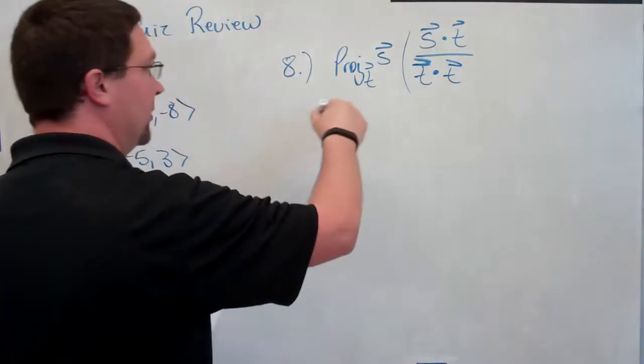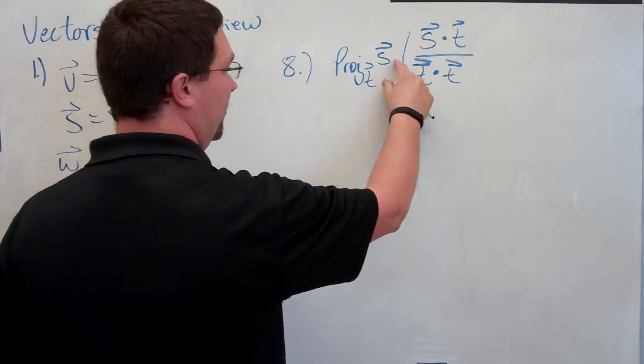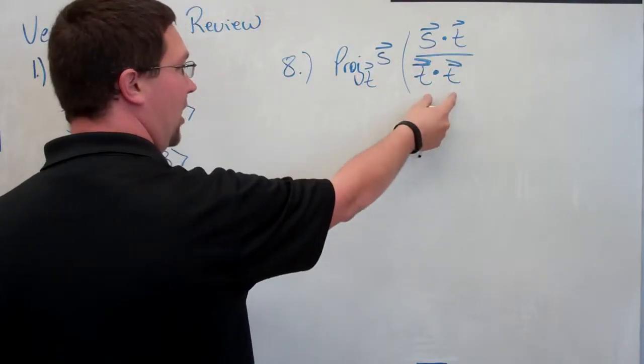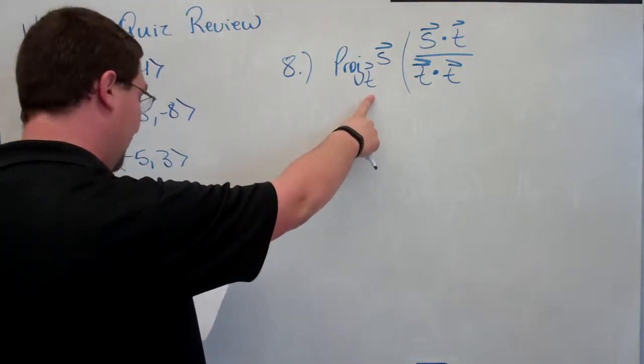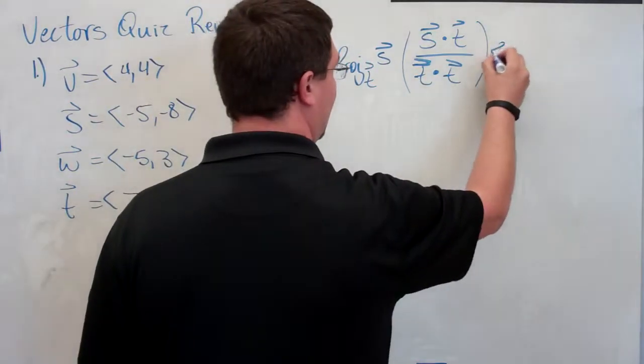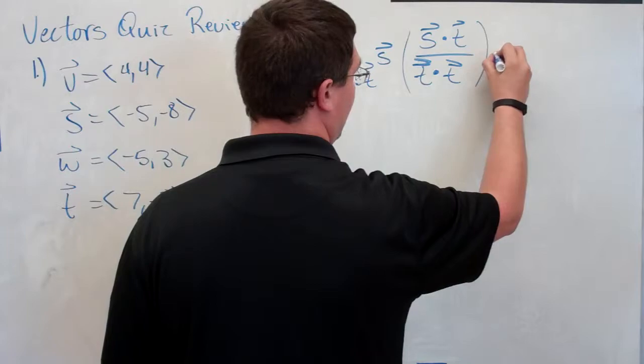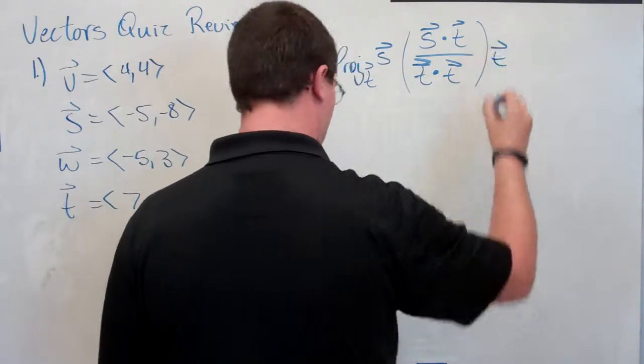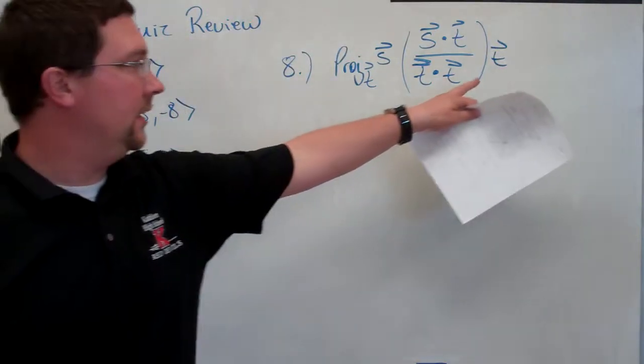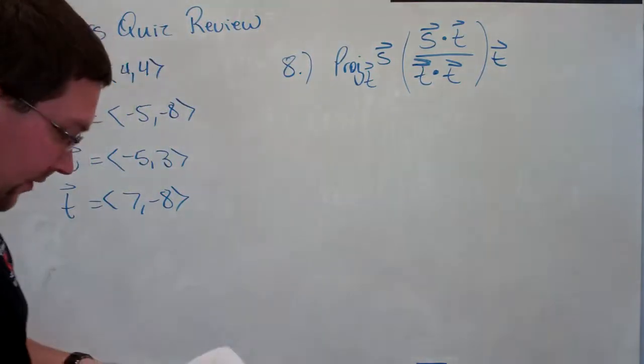Those are the vector arrows. It's these two vectors dotted with each other, then divided by the dot product of your base with itself, times the vector that's the base. So times vector T. That's not a dot product here, that's actually times vector T.